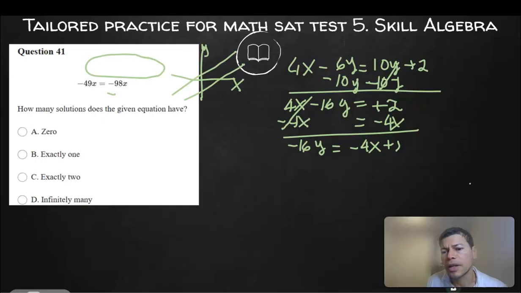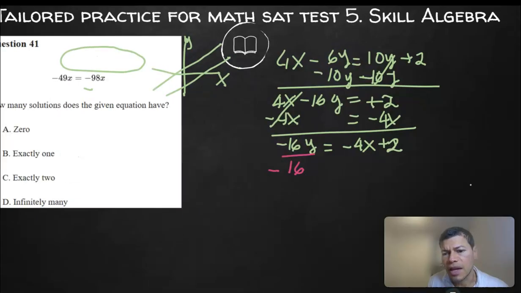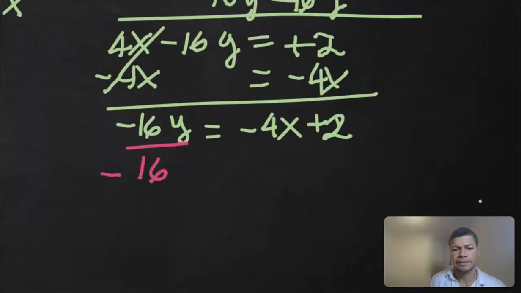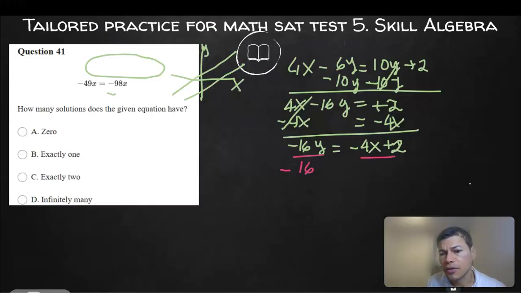Now I'm going to get rid of the negative 16, so I'm going to divide everything by negative 16, using a different color so we can see it. I need to divide everything on the right side by negative 16 also.